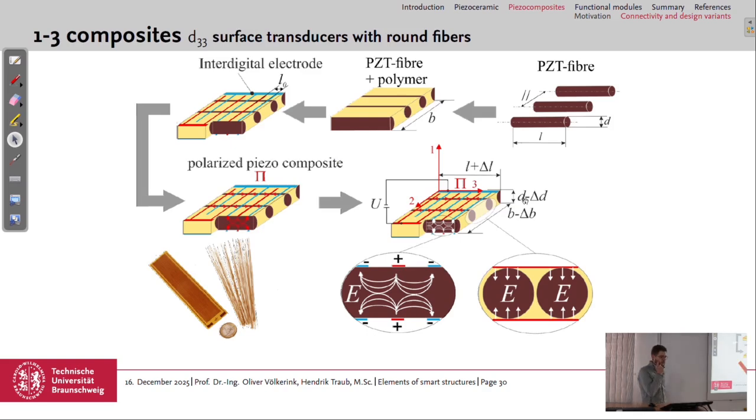If we build a transducer from these kind of fibers, we start with round piezoceramic, lead zirconate titanate fibers, then add the polymer, and then we use not planar electrodes, but interdigital electrodes, which form like this.